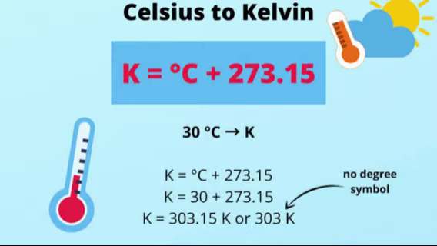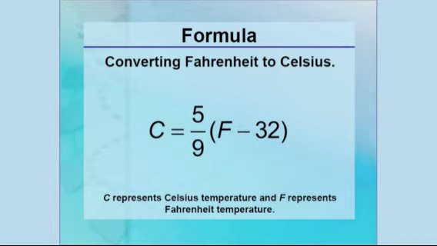That means for every Celsius value, to convert to the Kelvin scale, you have to add 273.15 to get the Kelvin value. Because the lowest point in the Celsius scale is 0, compared to the Kelvin scale of 273, and the upper point is 100 degrees Celsius, compared to 373 Kelvin.